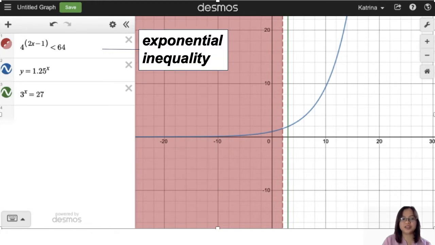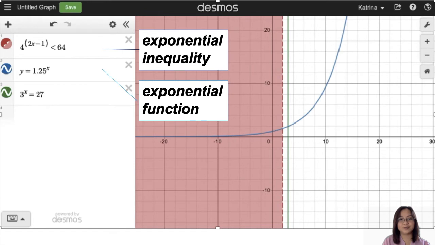The next one, the graph is slightly curved, but it could never cross the x-axis. So we have y is equal to 1.25 raised to x, and that is an example of a function. And x, the independent variable, is at the exponent. So we could say that that is an exponential function. The last one, we have 3 to the x is equal to 27.